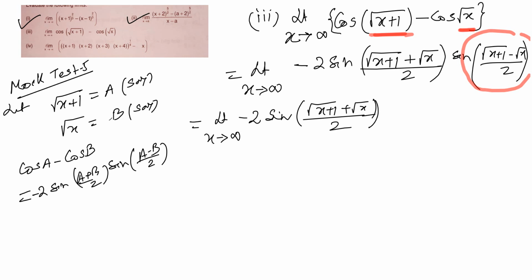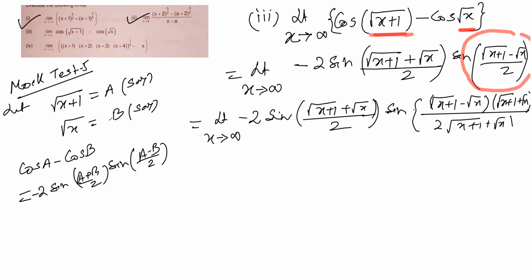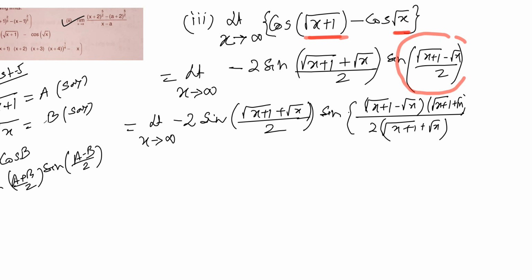And in this expression, we will write sine of (root over of x plus 1 minus root x) multiplied by (root over of x plus 1 plus root x), divided by 2 into (root over of x plus 1 plus root x).